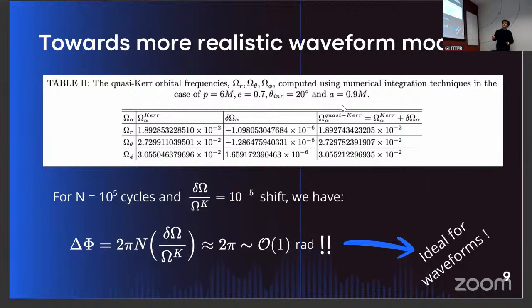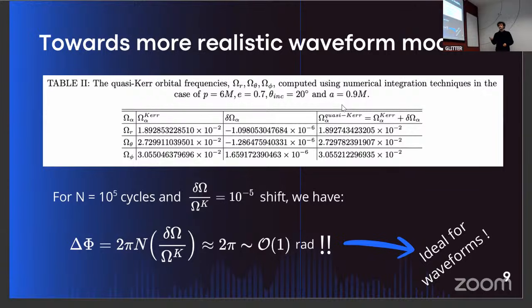Here you have the frequencies according to the Kerr black hole, and these are the shifts due to some beyond-GR effect. In this case, it is the deviation in the quadrupole, which I mentioned is the first example to break this degeneracy. If you compute the final modified frequencies, you see that they are pretty similar to the Kerr ones, the GR ones, but they change in some decimal parts.